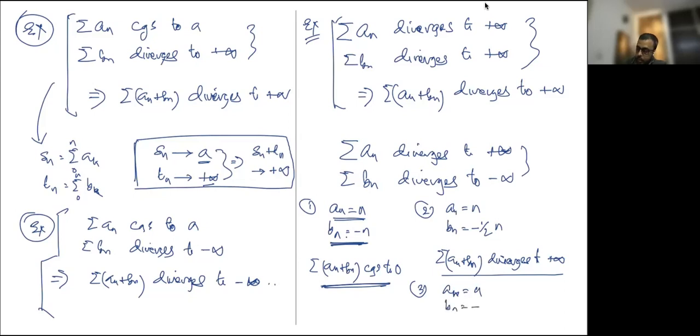So like here, if you make it minus 2n, then this series will diverge to minus infinity.